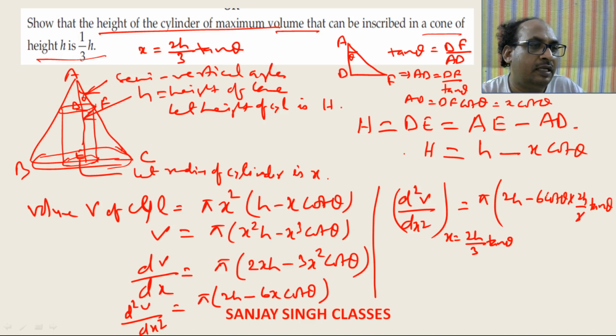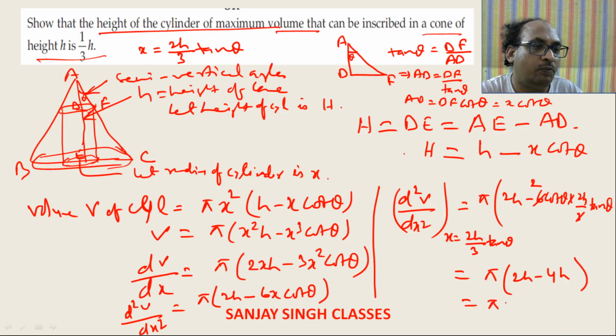So 3 to the 6. And here I will be writing pi times (2h minus 2 into 2, 4h). So it has become 4h, and cot theta into tan theta is equal to 1. So it is giving you minus 2 pi h.